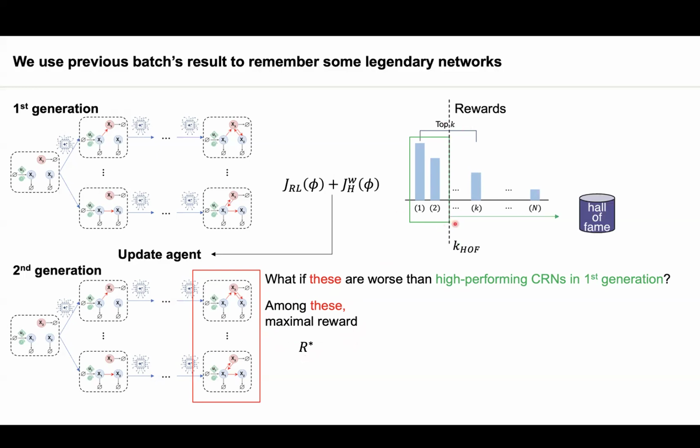And for the first generation, we choose the top K good CRNs, and we save them in a Hall of Fame. Then if the CRN in the Hall of Fame is worse, it means that this R star is higher than the reward of the Hall of Fame member. So this term becomes negative, and the whole term becomes 0.